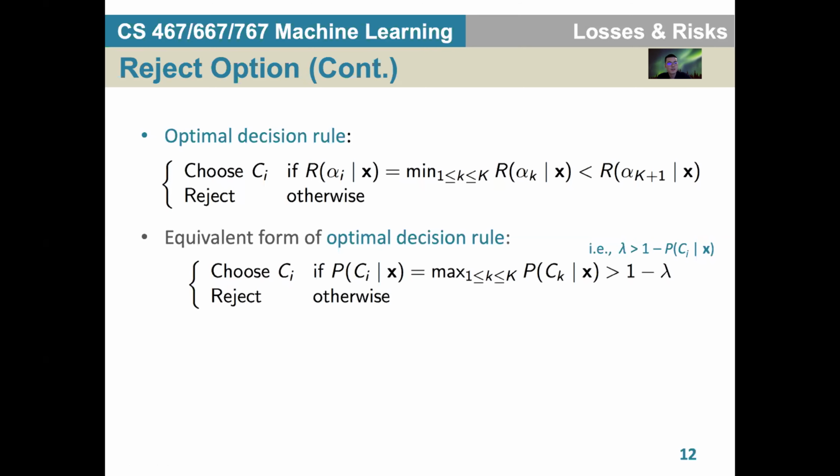Any questions? So this is basically, intuitively, also very easy to understand. So lambda is a risk, right? So if you take rejection, right?